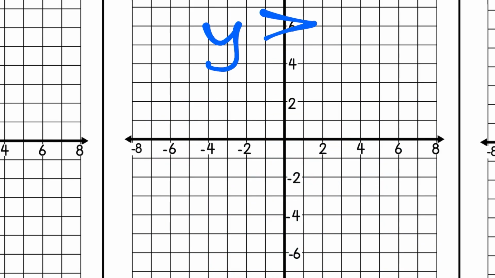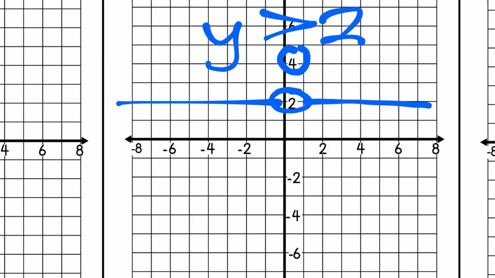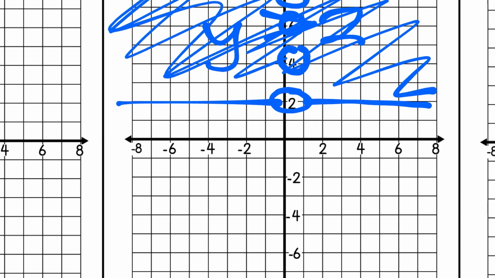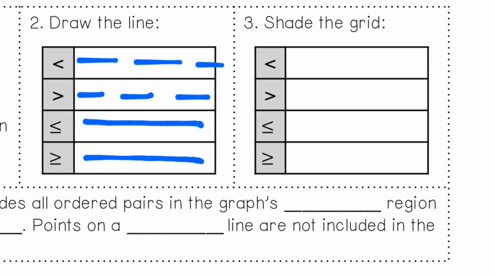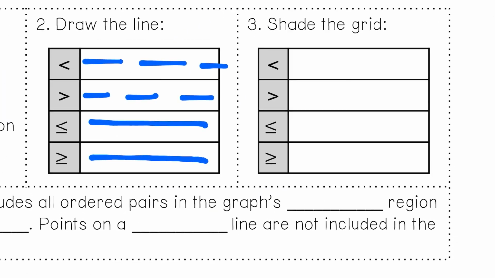Whereas if I had y is greater than 2, I start here at 2, and up here, 4, 6, 8. That's where all my y's that are greater than 2 are, so I'll shade above that line. So coming back up here, and just copy this down for now, we'll see it in practice in a minute. If it says less than, you shade under the line.